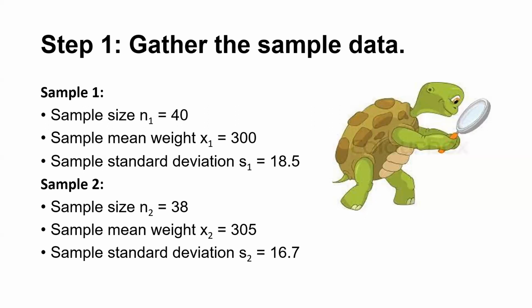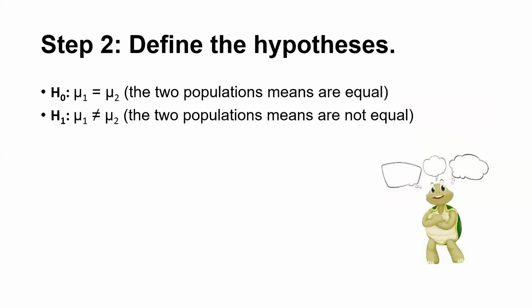Now let's see how we can build our hypothesis. In the real world, we start our first step by gathering the information. But in our class and in our examples, practices and questions that I'm giving to you, you can start with the second step, which is defining your hypothesis. So start very, very simple, right?